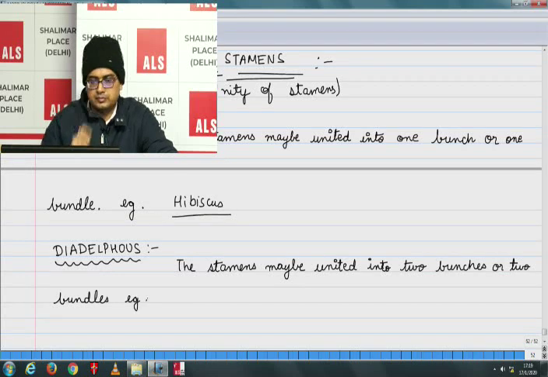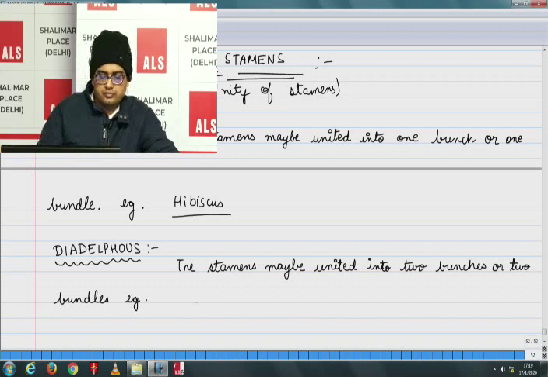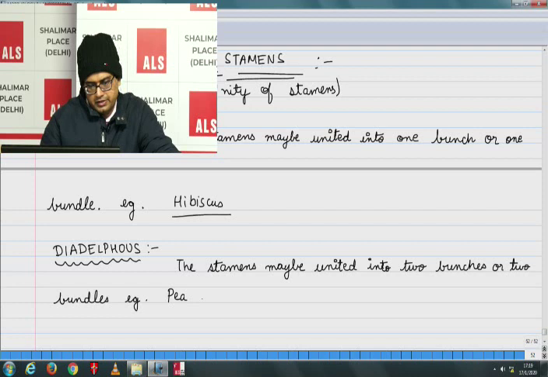Example, pea or Pisum. Pisum is the botanical name.